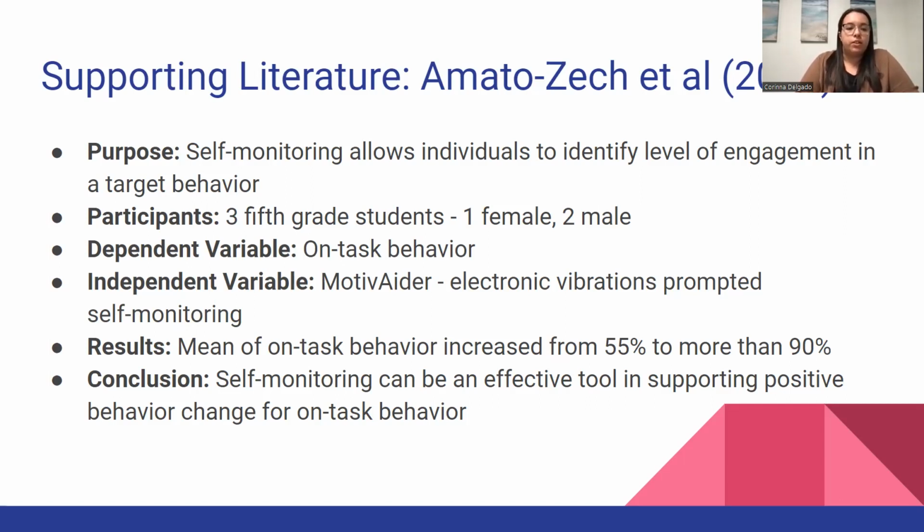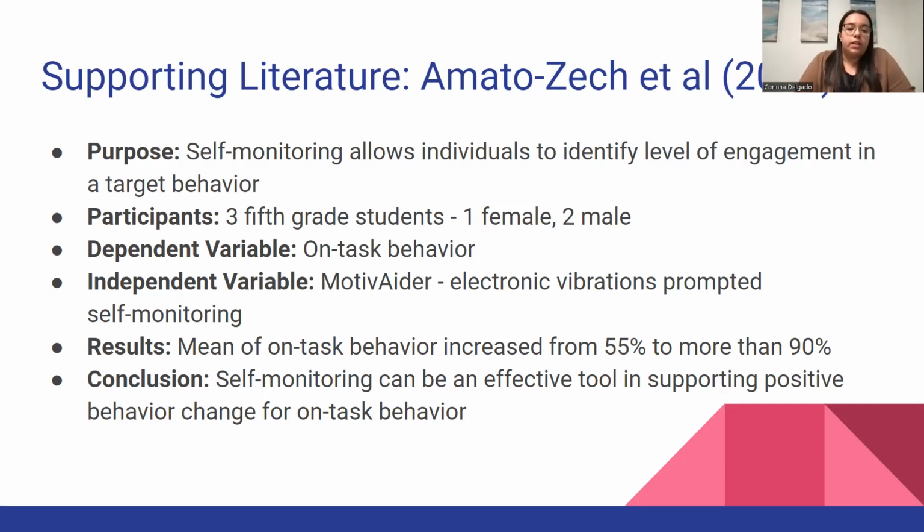So the dependent variable was on-task behavior, similar to the replication study. And the independent variable was also the motivator device, which delivered electronic vibrations that prompted them to monitor their self-monitoring and their engagement in their target behavior.